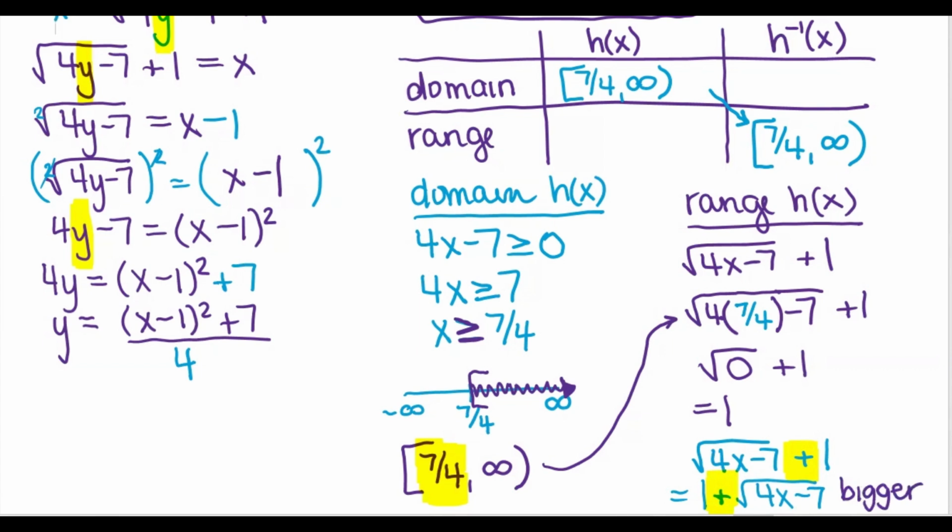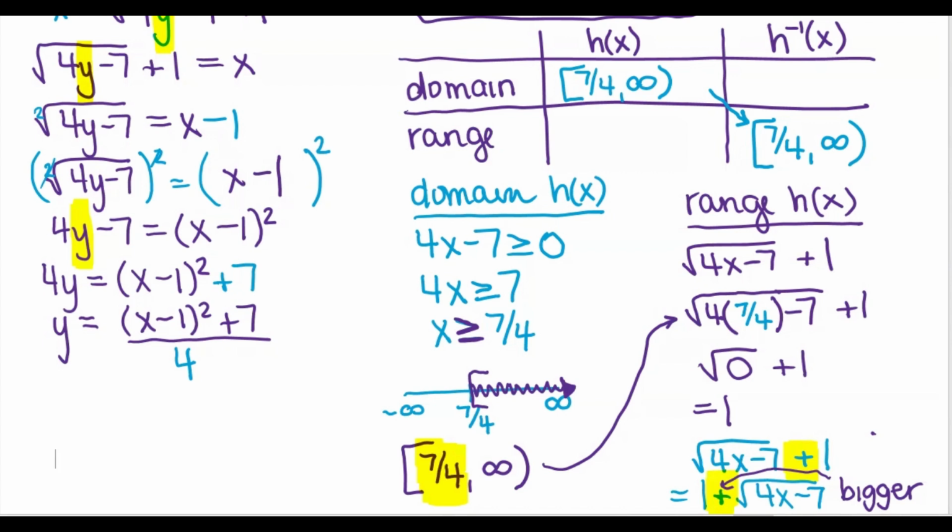So if you keep plugging in values for x from our domain, our range is going to keep getting bigger because we are adding on that square root. If we were subtracting, we would be getting smaller, meaning we're going into the negatives.